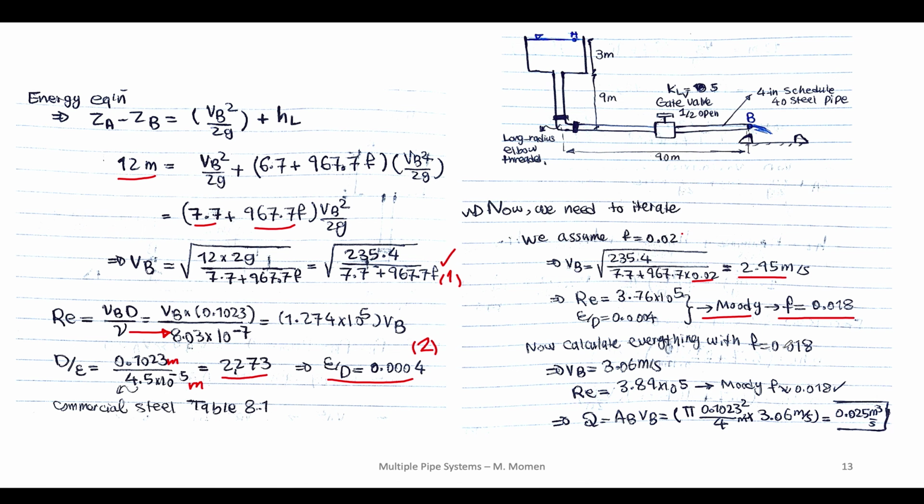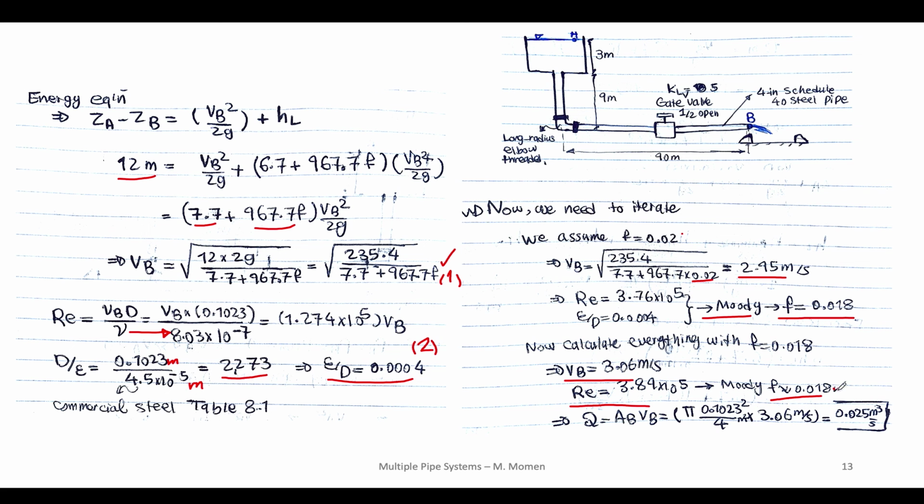Okay, so I start everything again by assuming that F is 0.018, and I substitute this into equation 1, and then I get VB equals 3.06, and Reynolds number is 3.89 times 10 to the 5. I go to the Moody diagram, and I see again that F is almost equal to 0.018.